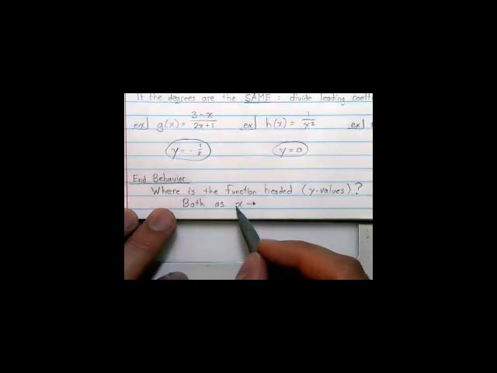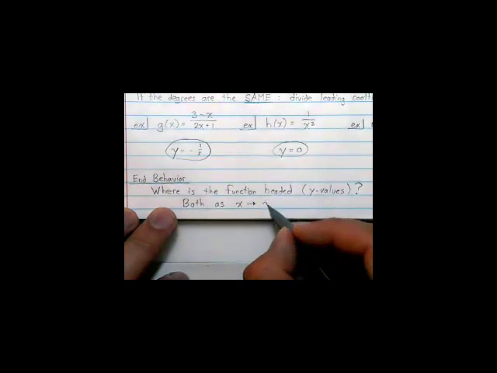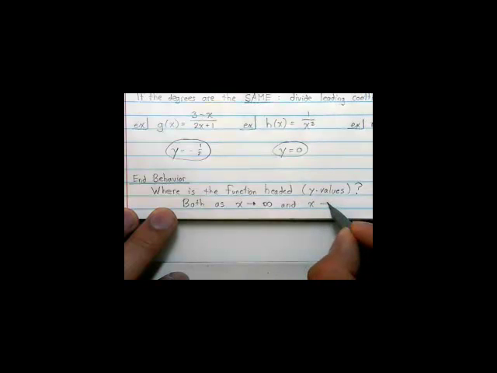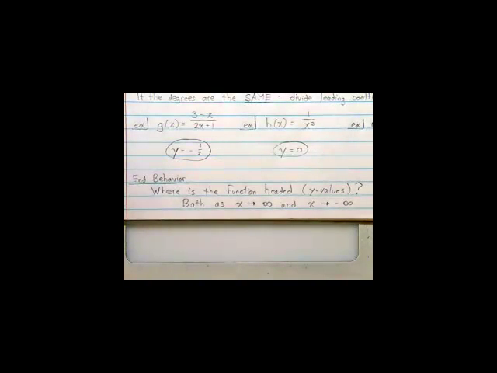So as x approaches infinity and x approaches negative infinity. Okay? So most functions have two end behaviors. As it goes to negative infinity, as it goes to positive infinity, where's it headed?